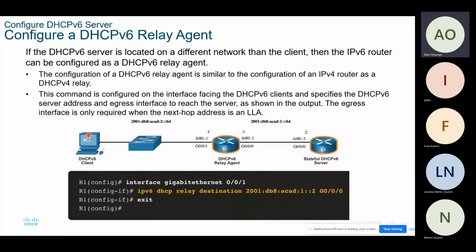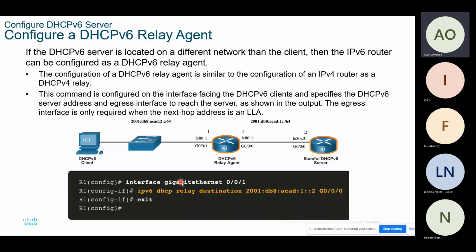The address must be configured on the interface facing the client, but you must put the IPv6 address of the server. So let's look at this. The first thing to note is that we must configure it on G0/0/1, and you can see interface GigabitEthernet 0/0/1.